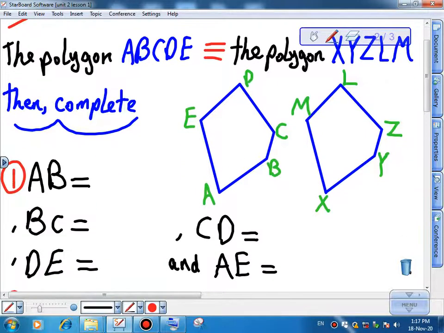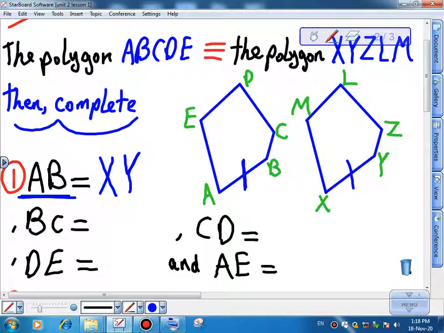If these 2 polygons are congruent, I recognize that side AP is equal with side MX? No. ZY? No. It will be equal with side XY. Okay? AP equals XY.